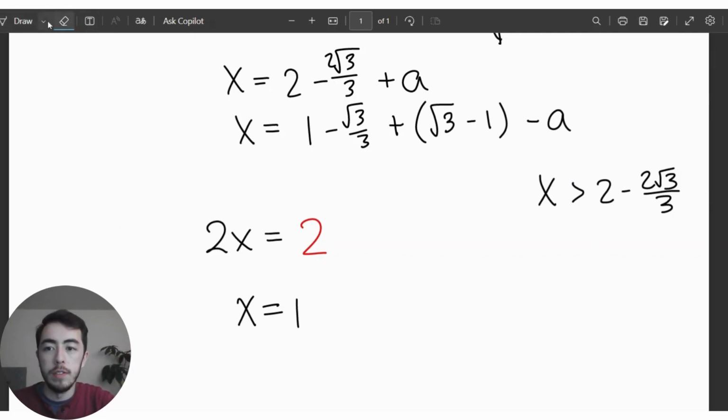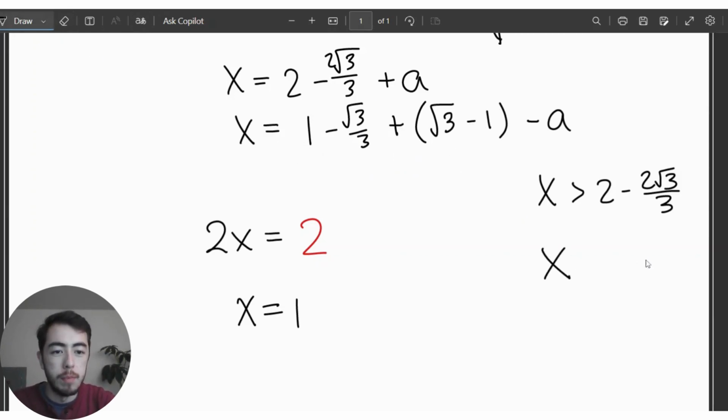And then alternatively, if I set this equal to 0, I think I'm going to get an upper bound for this. I gotta be a little bit careful with simplifying my terms, but I see that the 1's cancel out, and then x might be comparable to 2 root 3 over 3. And I believe this one is my upper bound, so x can't actually be this big. So I want to say x is less than that value.